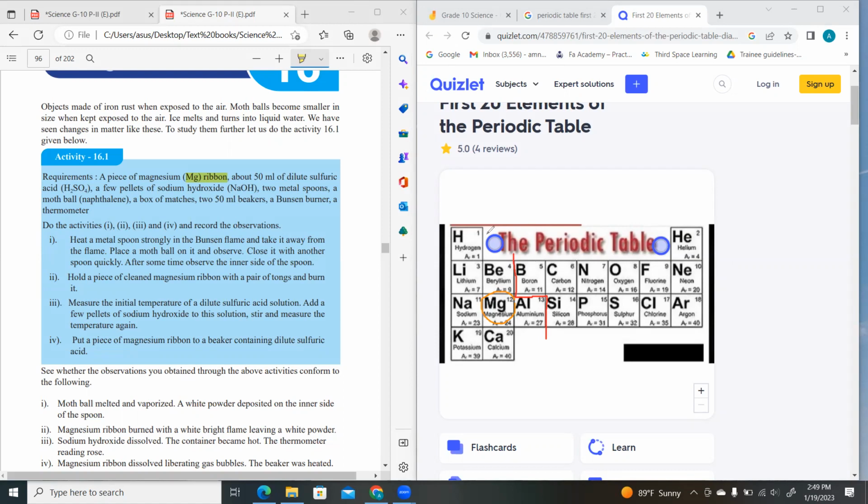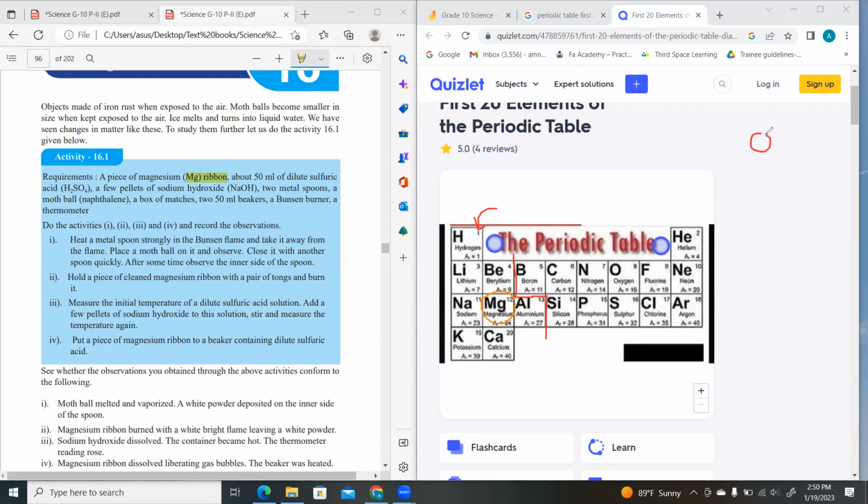And you can see here they have numbered from 1 to 20. What are those numbers? Can you all put the answers in the chat? Yes, those are atomic numbers. Good. So atomic number means the number of protons, and the number of electrons is equal to the number of protons.